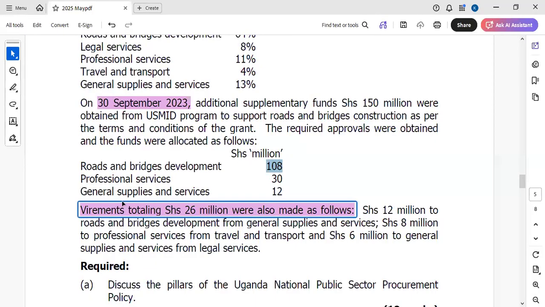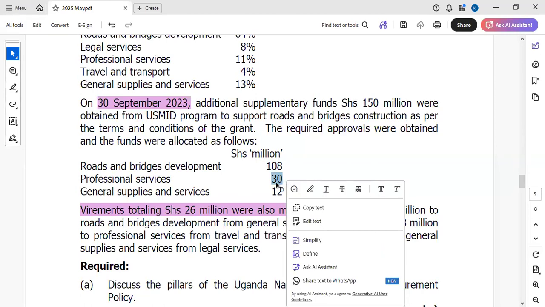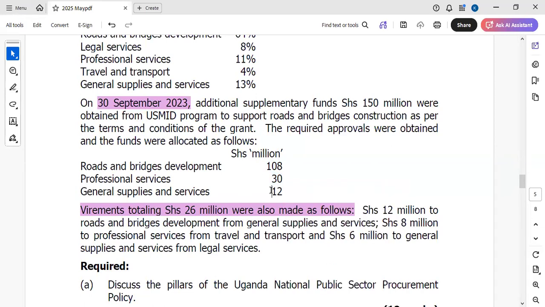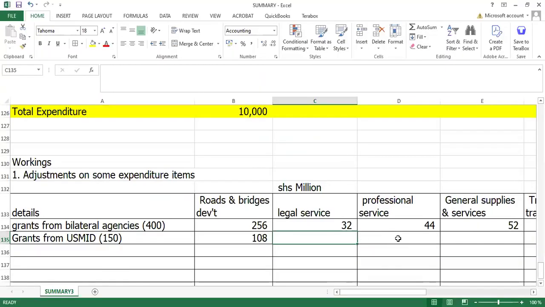You just put 30 under the column of professional and 12 under the column of general supplies. So let's do that. Professional service, 30, then general supplies, 12.